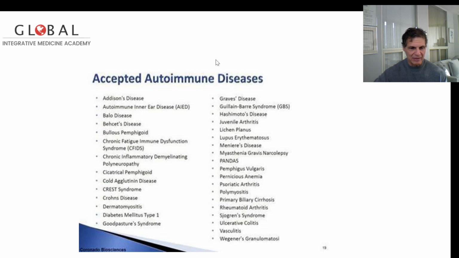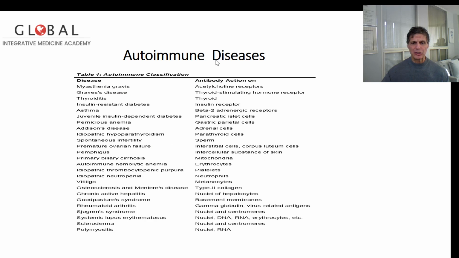And so here's a list of many of them. And on this slide, it actually shows you what the target is. The antibody is attacking, in myasthenia gravis, the acetylcholine receptor. And in Graves' disease, the thyroid-stimulating hormone receptor. In asthma, the beta-2 adrenergic receptors. And in Addison's disease, adrenal cells are being attacked.